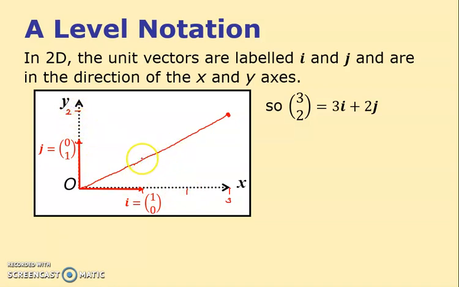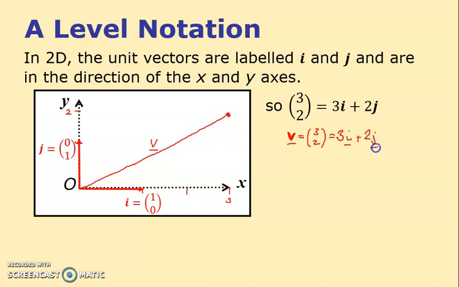You'll notice that this vector, which I'm going to call v with a line underneath, or without a line underneath, you can sometimes just put it in bold, and that's what the exam does, could easily be written as 3, 2, but it could also be written in this new version as 3i plus 2j.